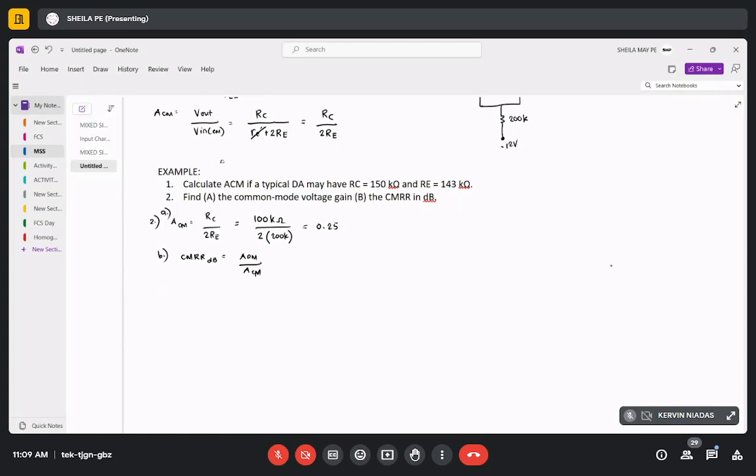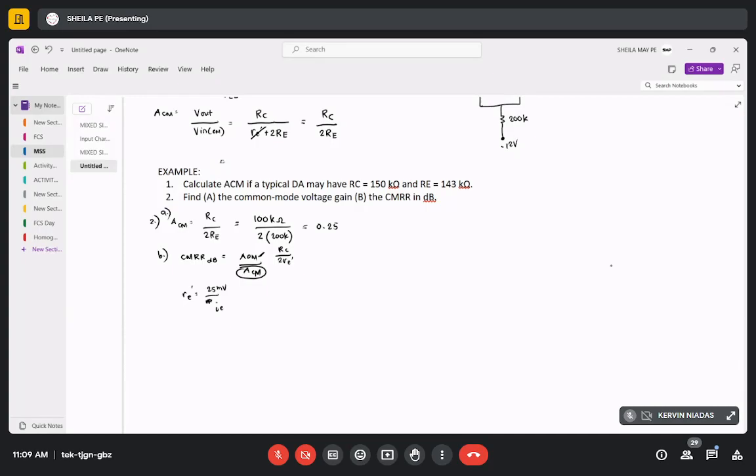So we already have our ACM. We don't have our ADM. Remember, our ADM is RC over twice of RE prime. Now we need to find our RE prime, the AC emitter resistance. So RE prime is 25 millivolts divided by IE. But we don't have IE yet, so let's solve.